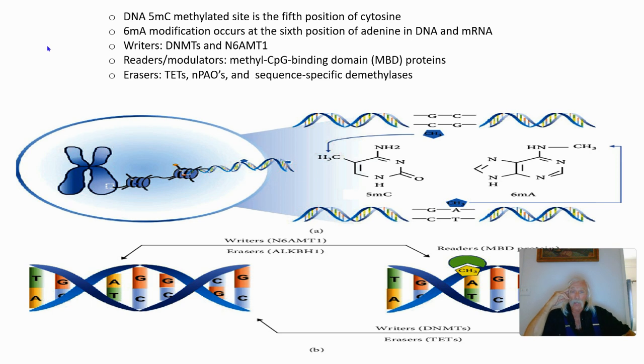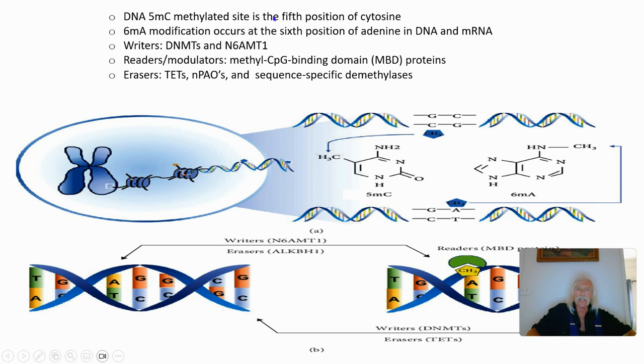So if you look at this structure here, you can see the DNA 5-methylcytosine methylated site in the 5th position of cytosine on that carbon. Okay, it's right there. And you can also see that you can methylate adenine, or when it's bound to the sugar, adenosine.